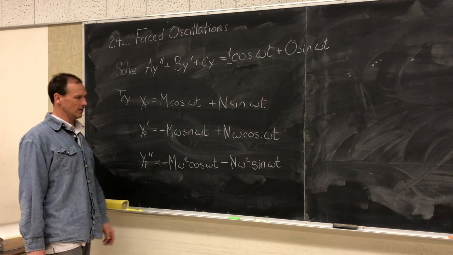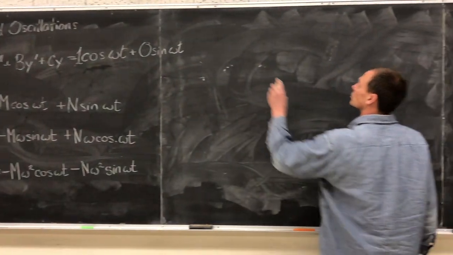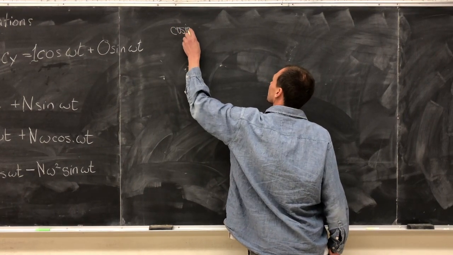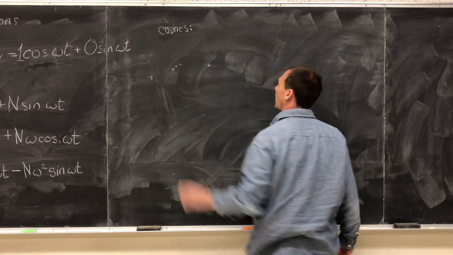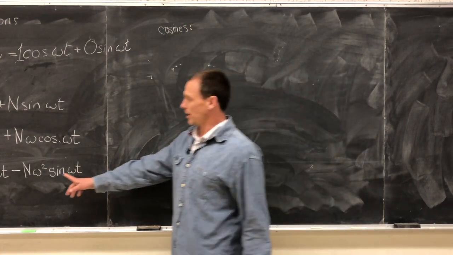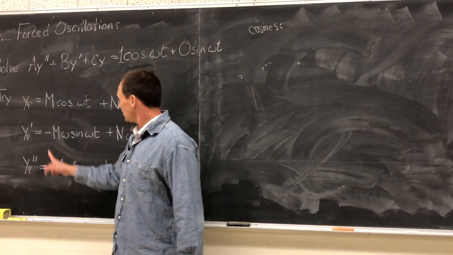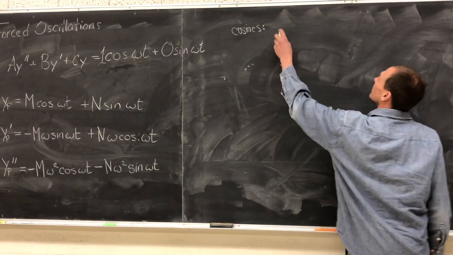So let's work on our cosines first. Let's look at y double prime. So y double prime is going to pick up a minus m omega squared.